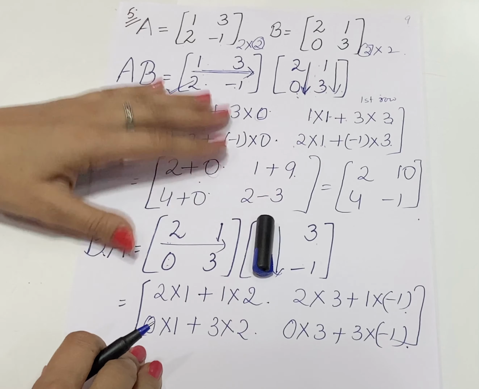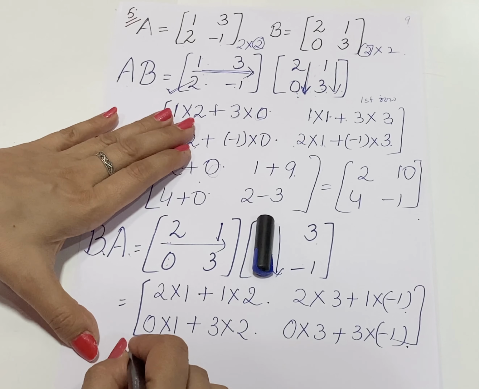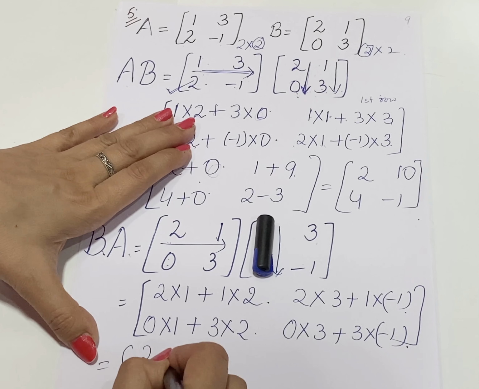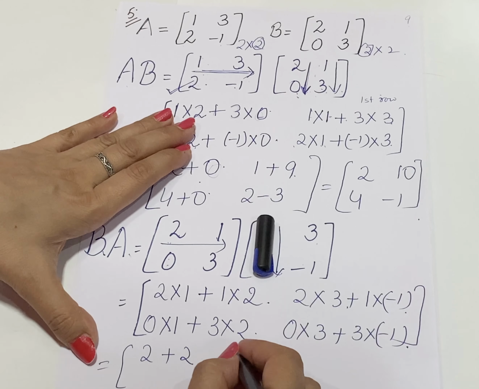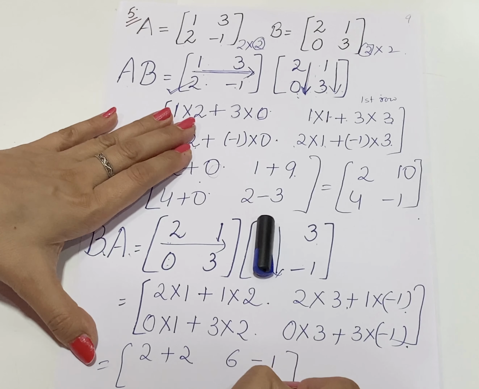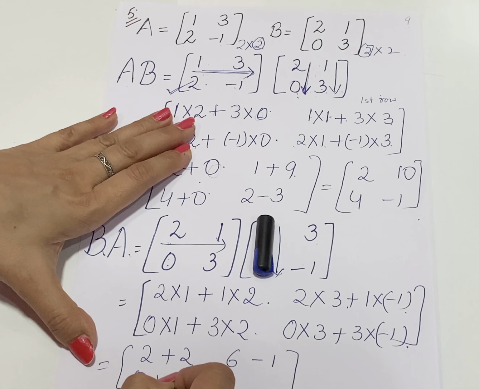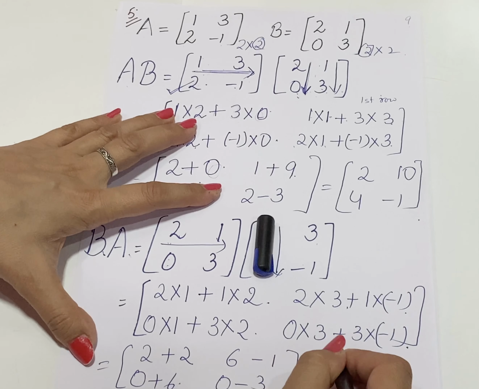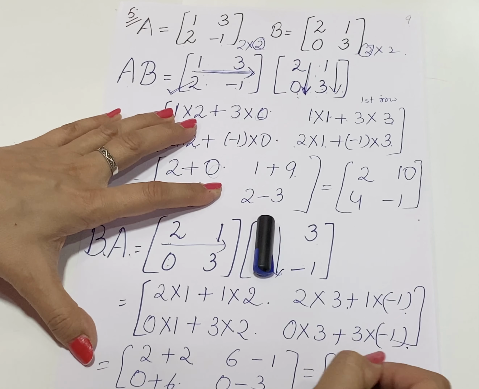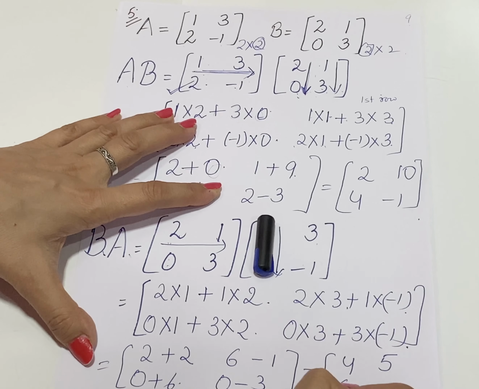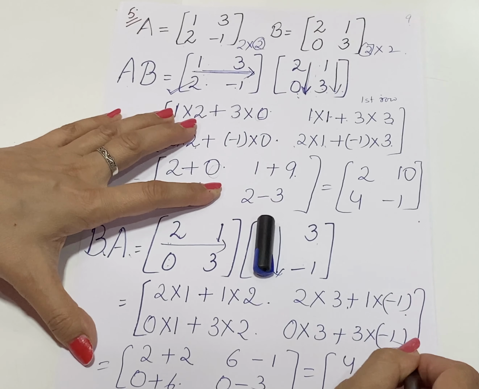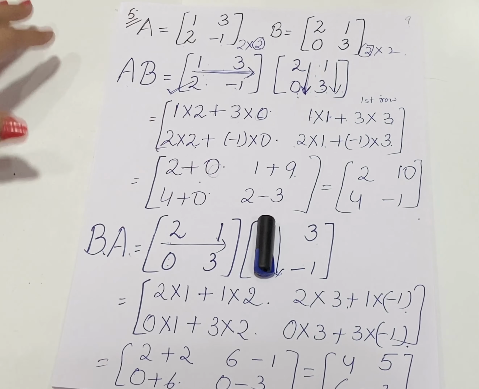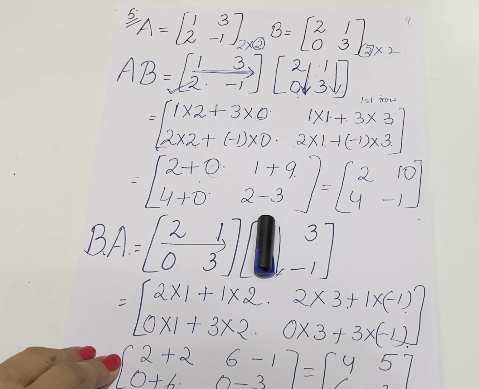Right? And now you can write down, this will be what? 2 plus 2. 2 3s are 6 minus 1. This is 0 plus 6. And this will be 0 minus 3. This is equal to 4, 5, 6 and minus 3. This is the product matrix B into A.